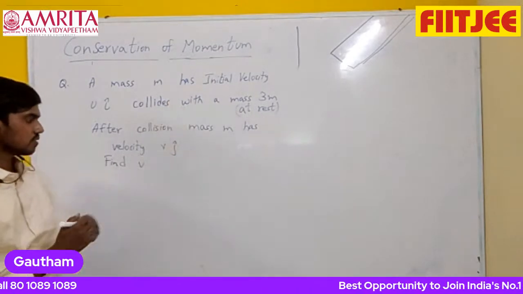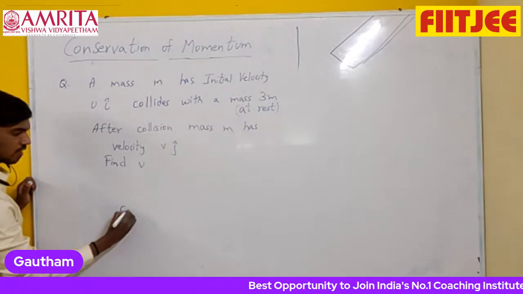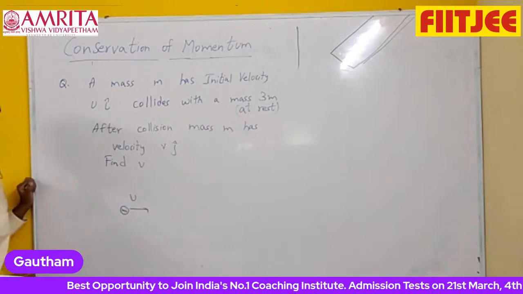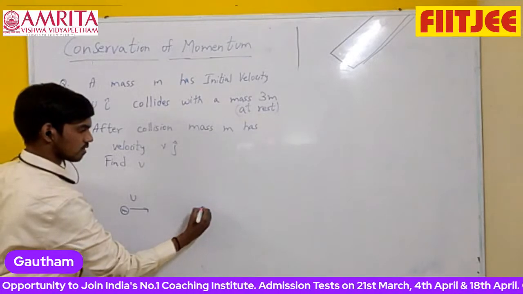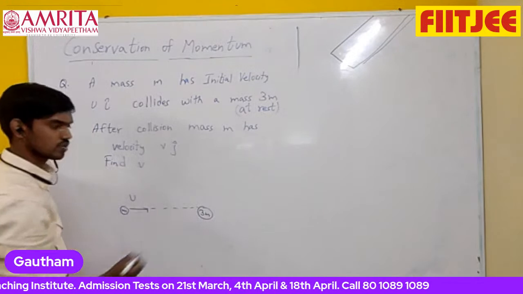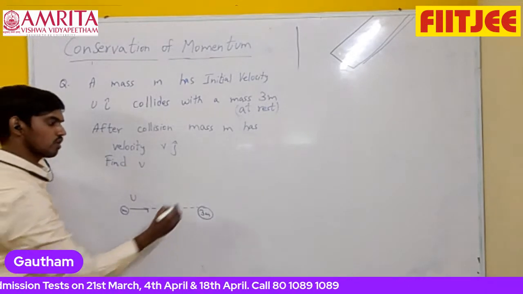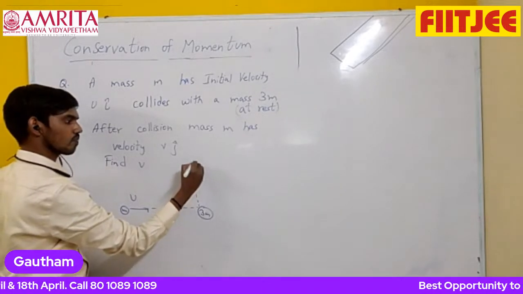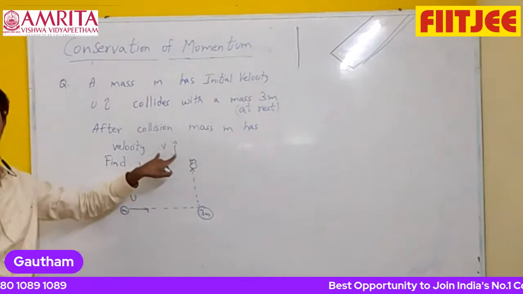So if you look at this, initially m has some velocity u in this direction and you have a mass 3m. So this goes and collides with this. After colliding, it moves perpendicularly with a velocity v j cap.